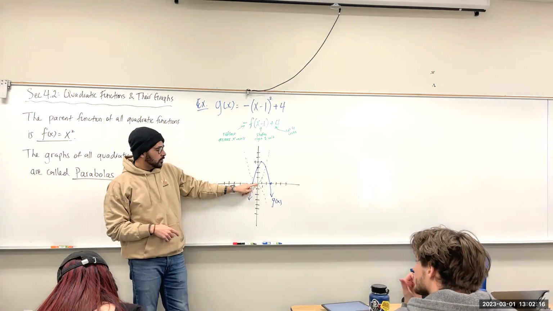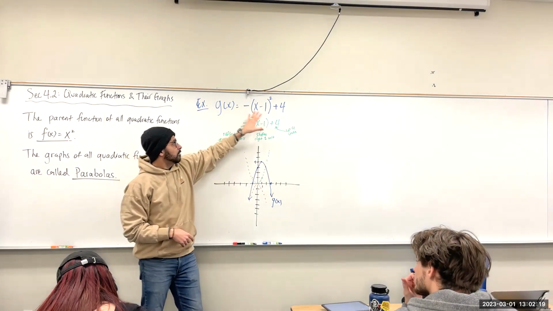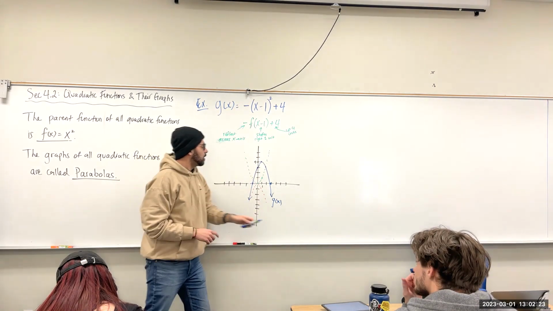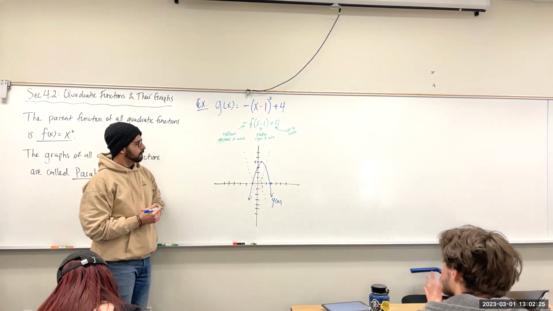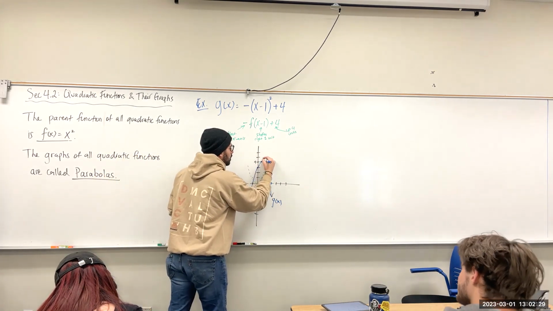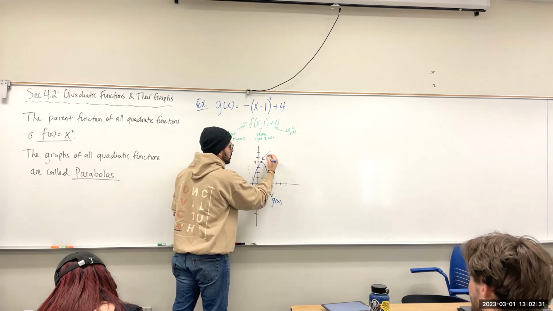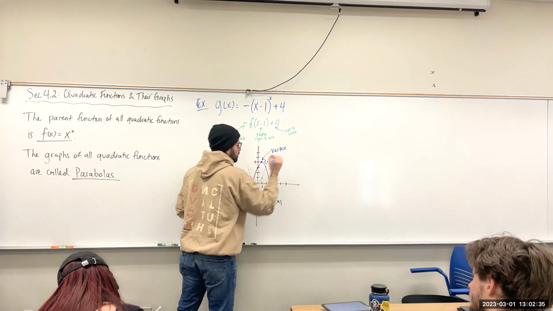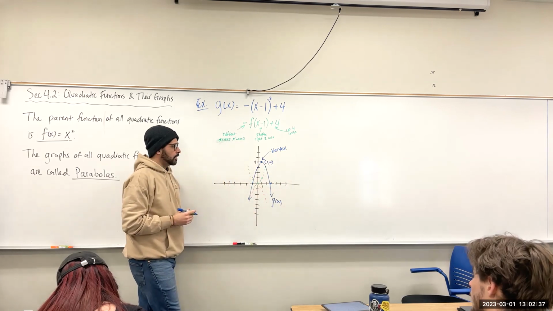So originally the vertex was on the origin, but because of all the transformations, this final result, where's the vertex now? (1, 4), exactly. So we're going to call this guy right here (1, 4). This is called the vertex of the parabola. Okay.